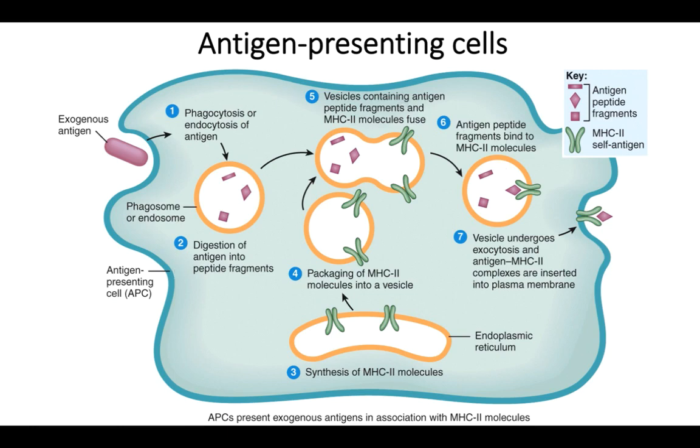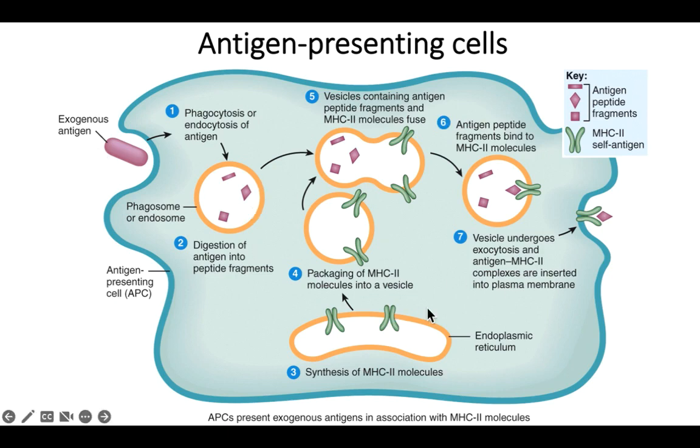For example, macrophages are APCs, or antigen presenting cells, and dendritic cells are antigen presenting cells. So this could be, let's call this maybe a virus that hasn't infected a cell yet, or maybe it's a bacterium that's kind of loose and causing infection.